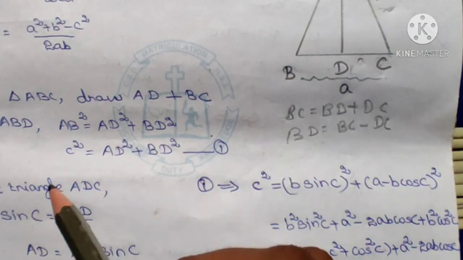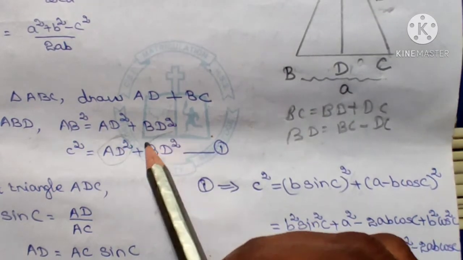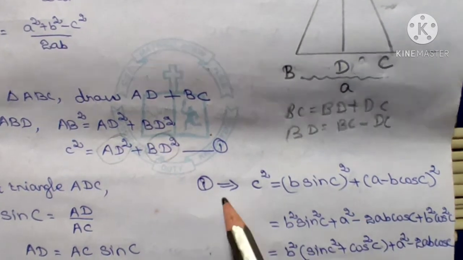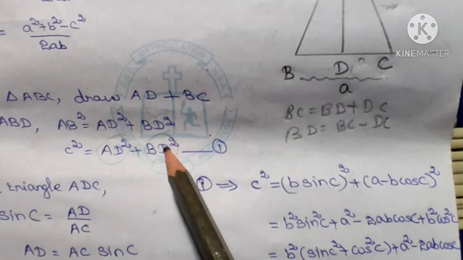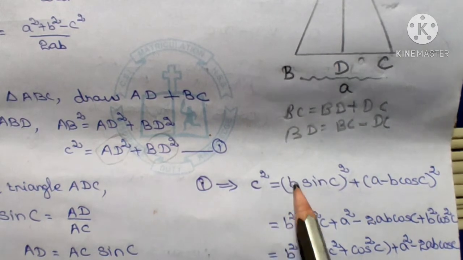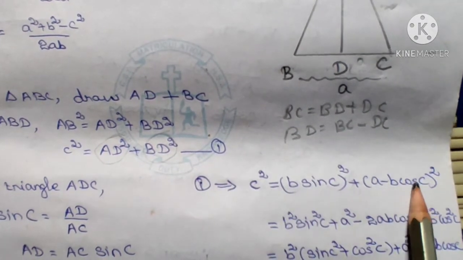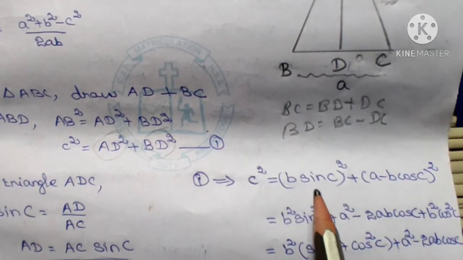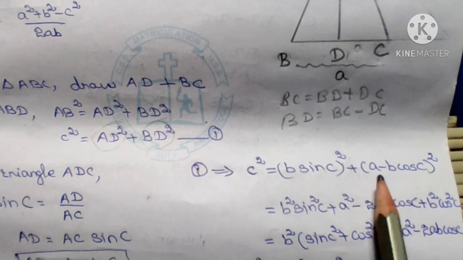So now you have completed the AD and BD values. Here you substitute the AD and BD values. So from equation 1, c² = AD² + BD², where AD is b sin C and BD is a − b cos C. So AD² is (b sin C)², which is b² sin² C, plus BD² is (a − b cos C)².